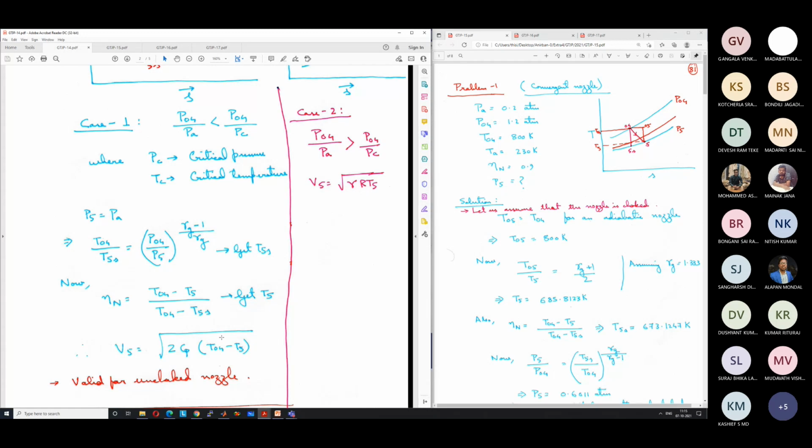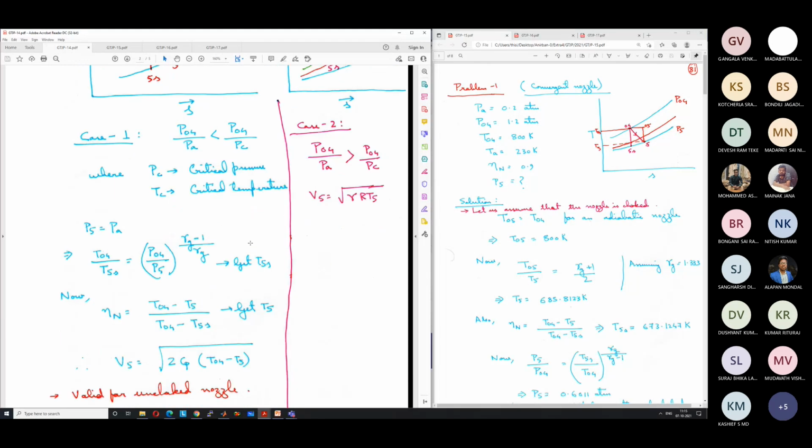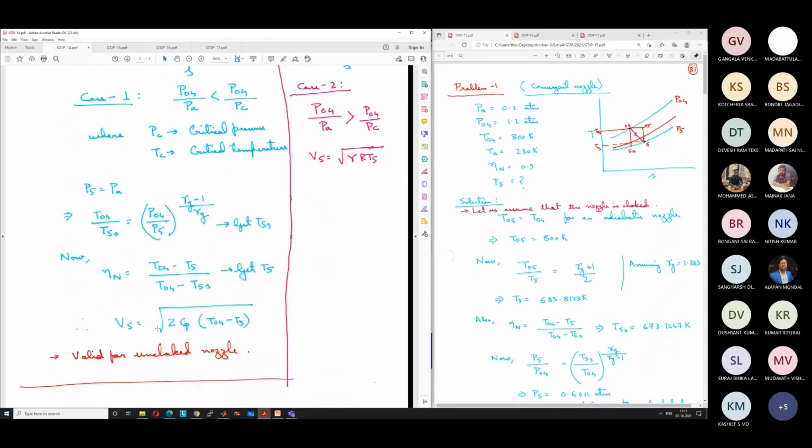So from this we can obtain V5 is equal to root over 2 Cp (T05 minus T5), and because T05 is equal to T04, we can write that as V5 is equal to root over 2 Cp (T04 minus T5). So this is valid for unchoked nozzle. This we have discussed in the previous class.